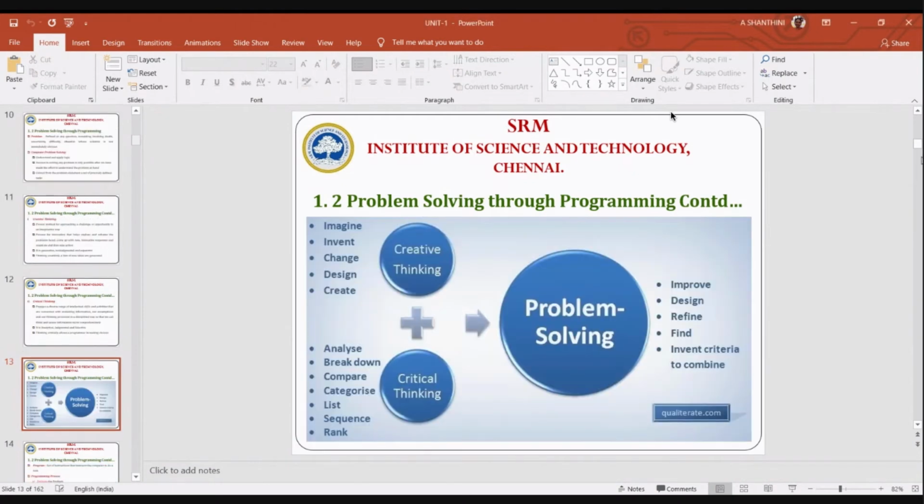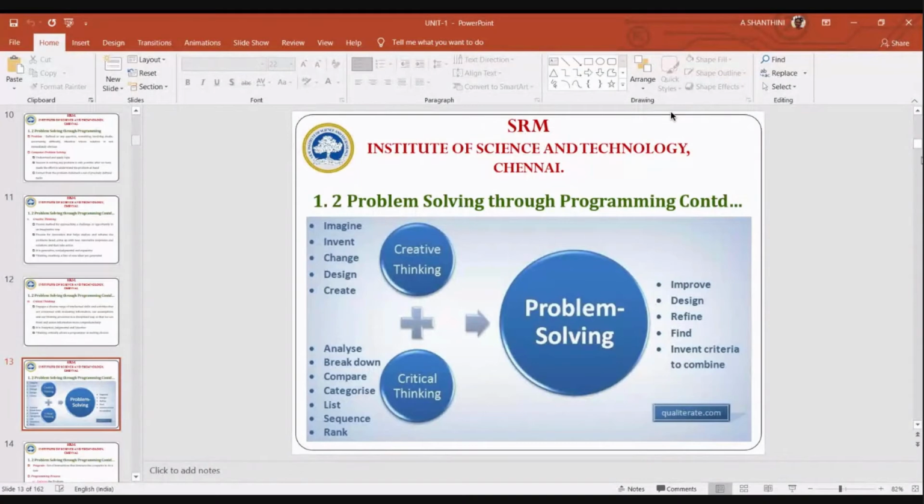As I said, for solving any problem, critical thinking and creative thinking play a major role. You are not supposed to have only critical thinking or only creative thinking. You should have the thinking skill of both creative and critical together. When you put those together, you get effective problem solving.